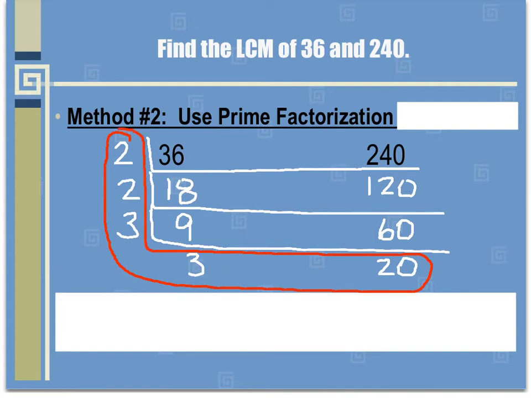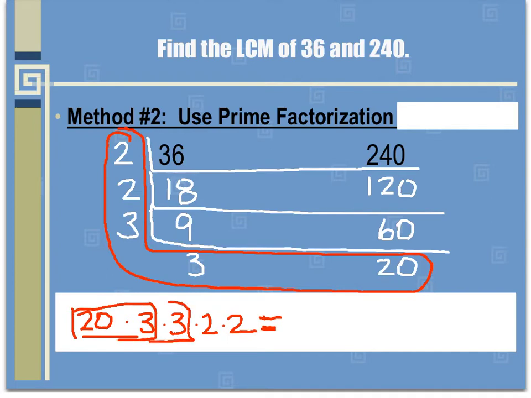Well, notice in red here now it looks like the letter L. So all I'm going to do now is take all the numbers inside of the letter L that I created, and I'm going to multiply them out. So I'm going to take 20 times 3 times 3 times 2 times 2. And when you multiply all those numbers together, 20 times 3 is 60. 60 times 3 is 180.